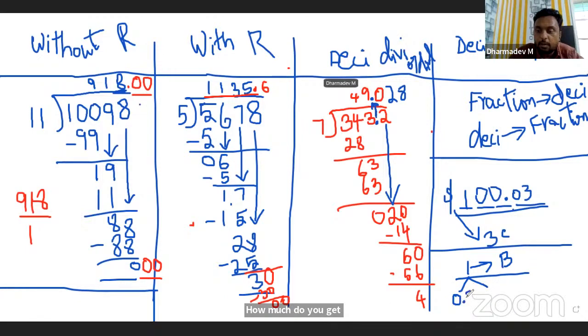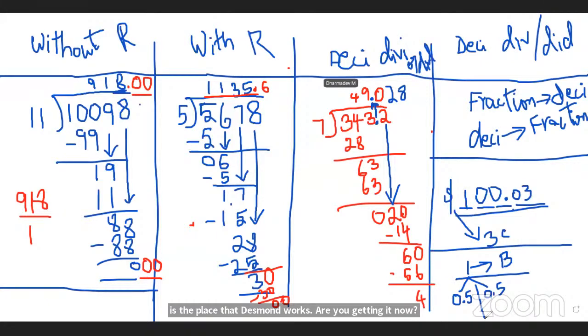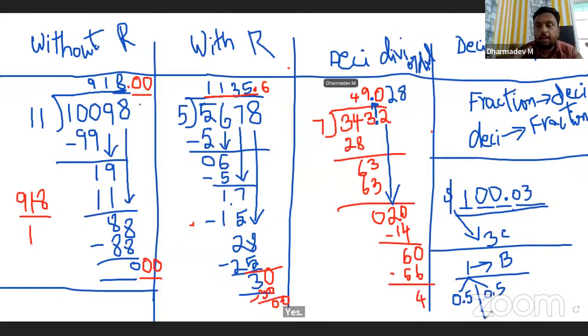You get 0.5 and the other person will get 0.5. This is the place where the decimal works. Are you getting it now? Kavena? Yes, sir. I get it. So when I'm breaking something, it's not in a proper number. When I break it and go inside, there is a decimal.